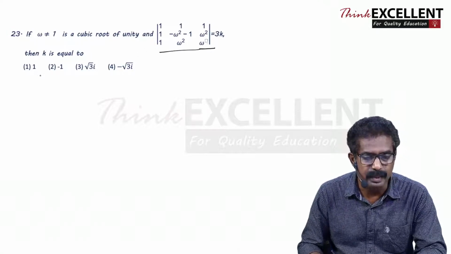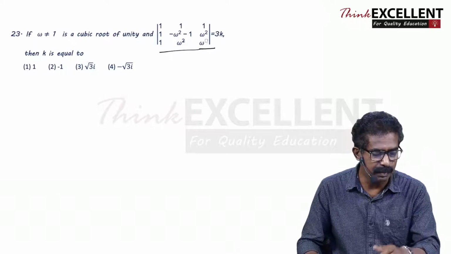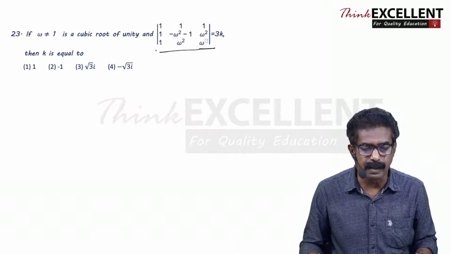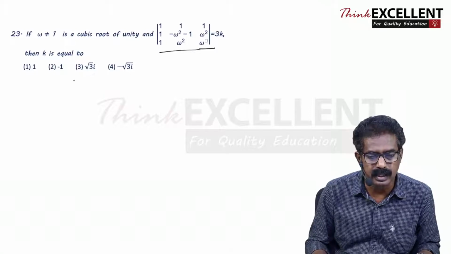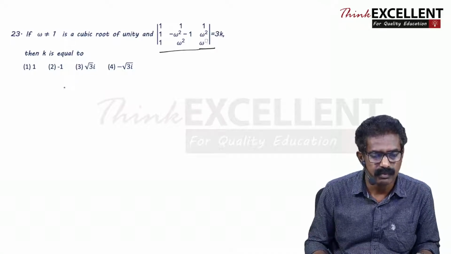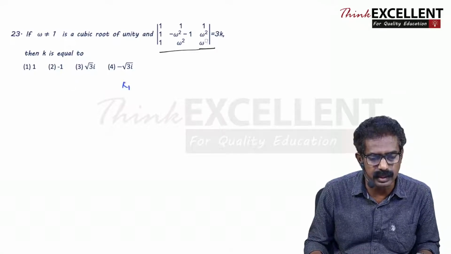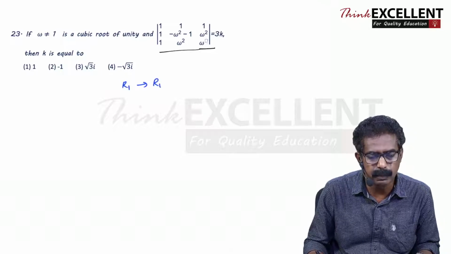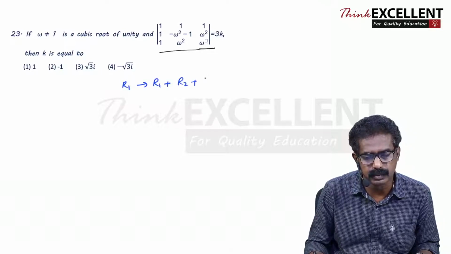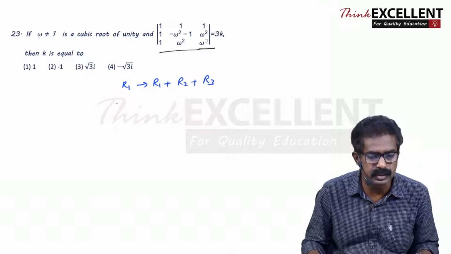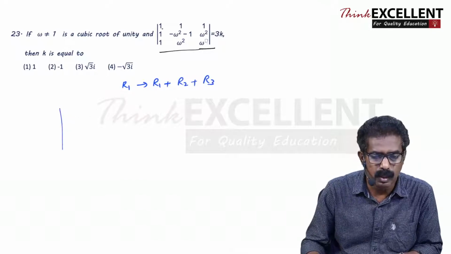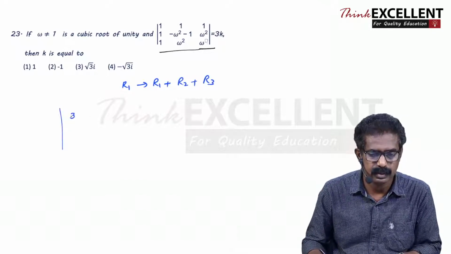Answer is not in omega, right? The question is in omega, but in the answers you can see it is not in omega. So what we do here, first row is first row plus second row plus third row. So if you add, what you get, you see 1 plus 1 plus 1, it is 3.